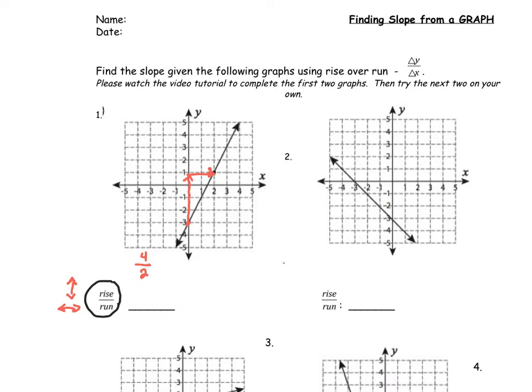However, some people prefer to start at a different point, which is okay. However, if I start at the second point, I'm going to have a down movement of 4, and then a left movement of 2.